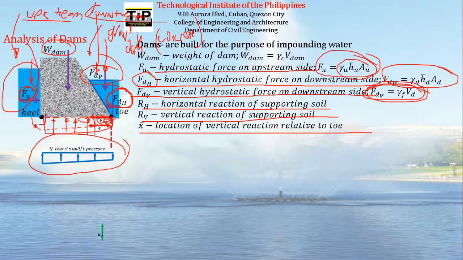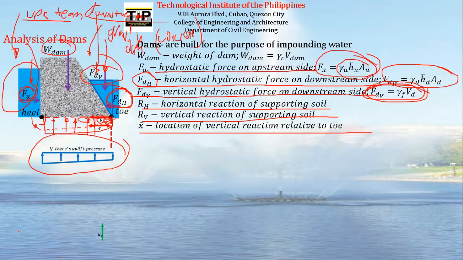It failed due to this pressure, and of course, when this big of a structure fails, there will be casualties. So we should consider this uplift force or uplift pressure for us to make sure that the dam that we're designing is safe.